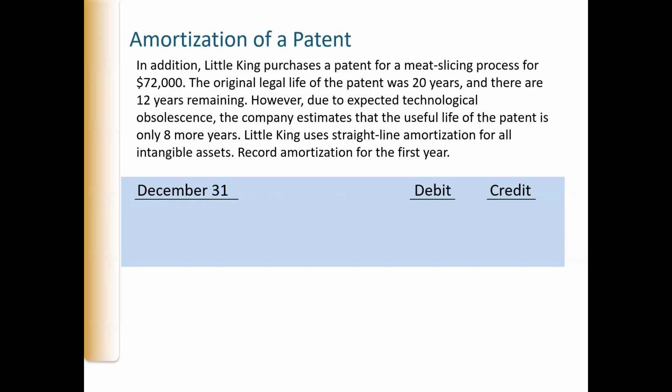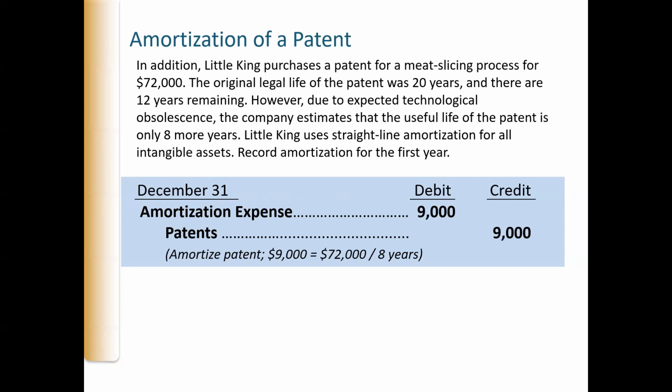Little King uses straight line amortization for all intangible assets. What will we take now since we changed it? 72,000 divided by 8. Debit amortization expense of 9,000. Credit patents of 9,000. Does that make sense?